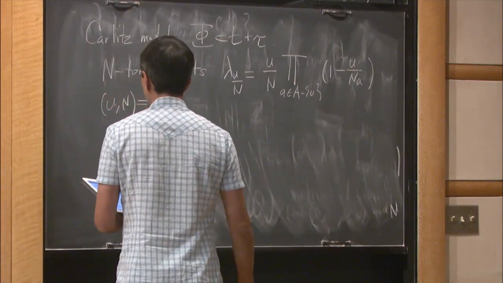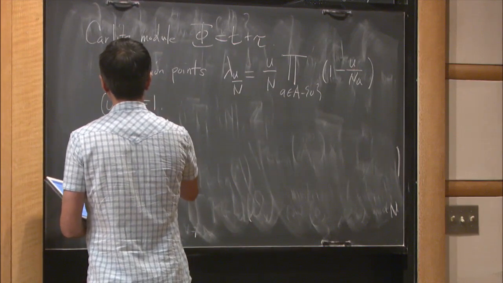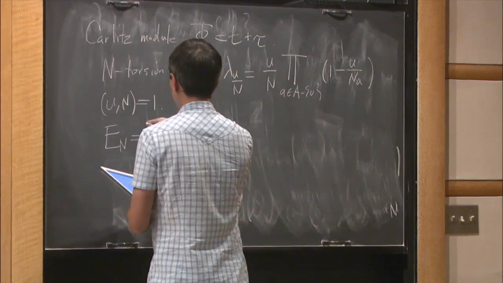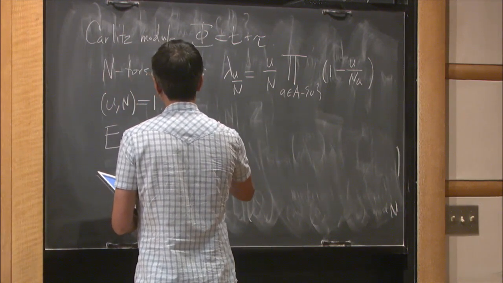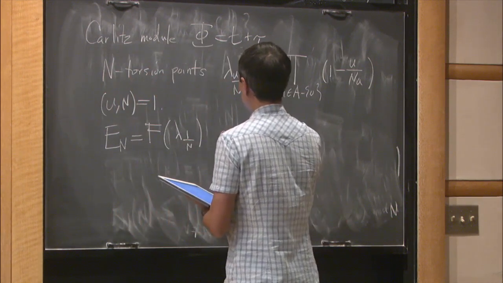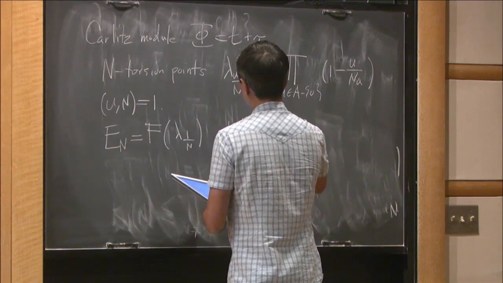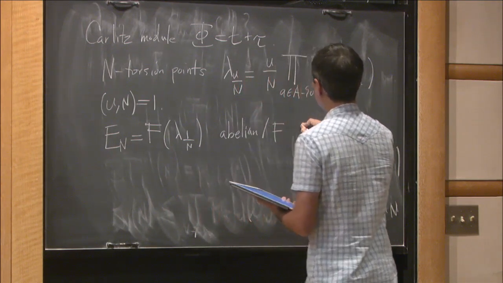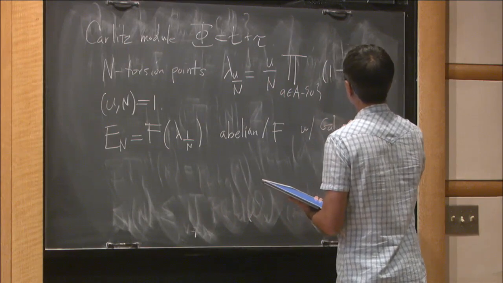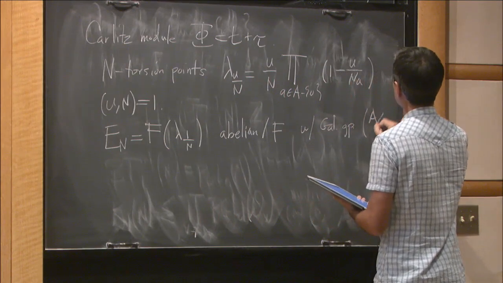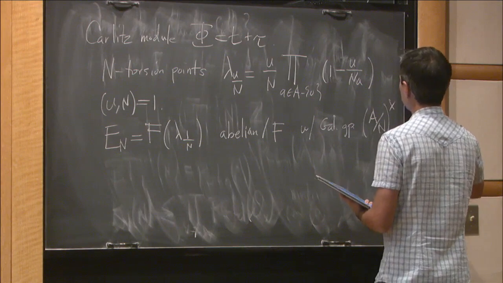But all that matters for our purposes, well, it almost only matters up to u mod n. OK. So E_n, this is like the nth cyclotomic field, F adjoin lambda_{1/n}. This is abelian over F, with Galois group (A/n)^×.